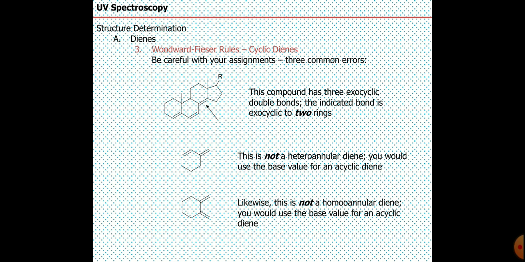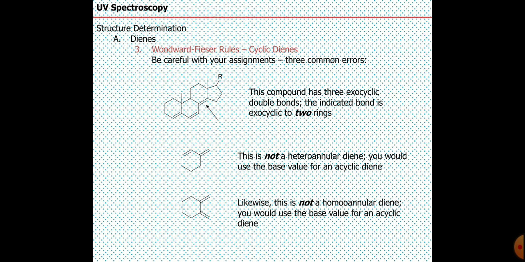In the third example, 2 double bonds are present outside the ring. Therefore they are also not homoannular diene, but they are s-cis structure, so use the base value for an acyclic diene. So be careful with your calculation, because sometimes you might think that this is heteroannular and this is homoannular diene, but this is not the case.